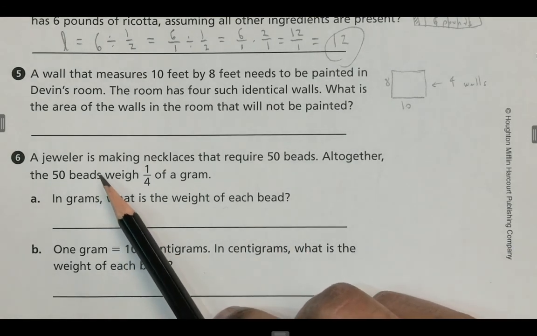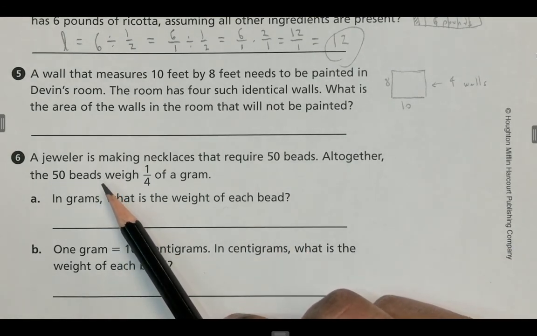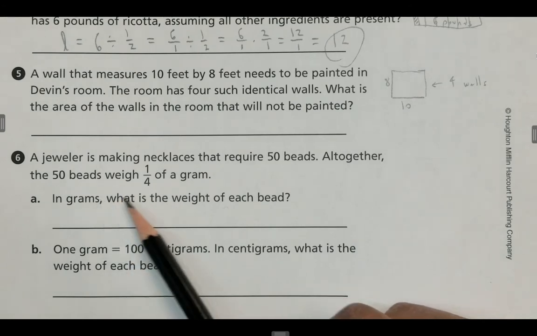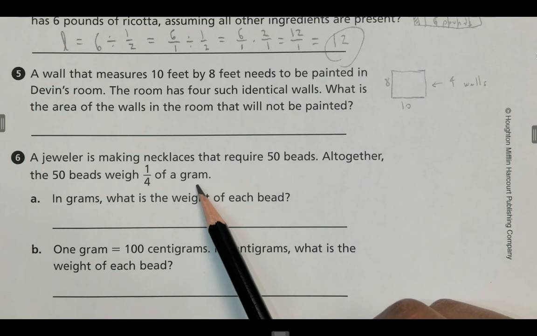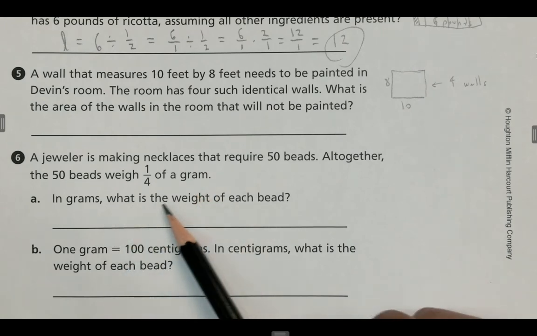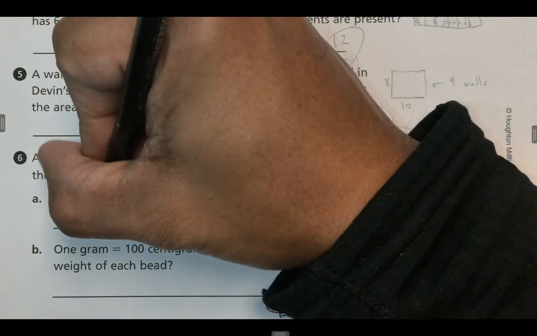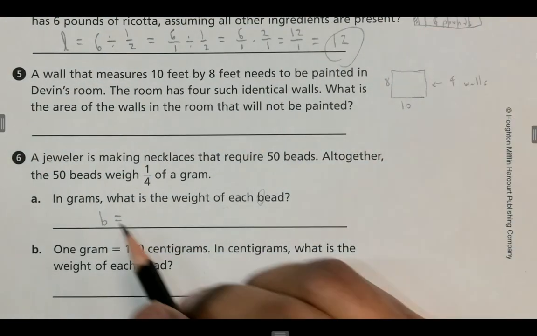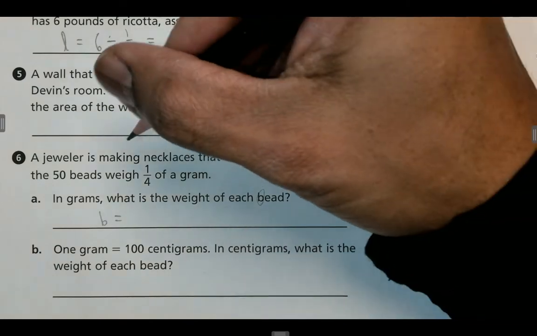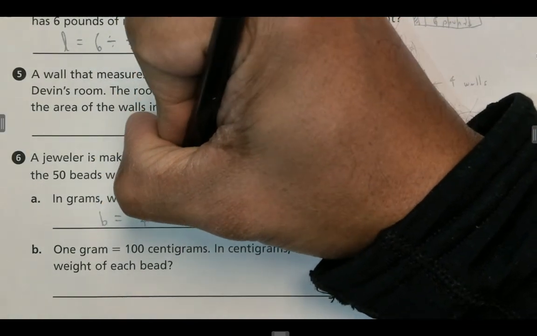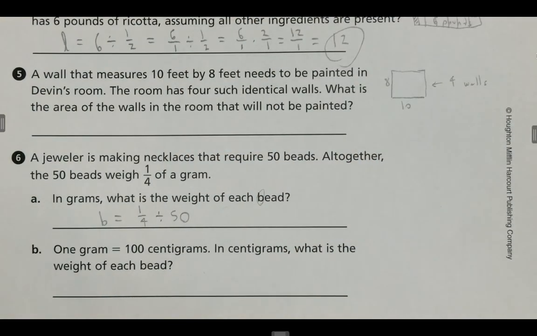Number 6. A jeweler is making necklaces that require 50 beads. Altogether, the 50 beads weigh 1/4 gram. In grams, what's the weight of each bead? Let's use B to represent that. Well, that would be the total weight divided by how many beads we're talking about here, 50.